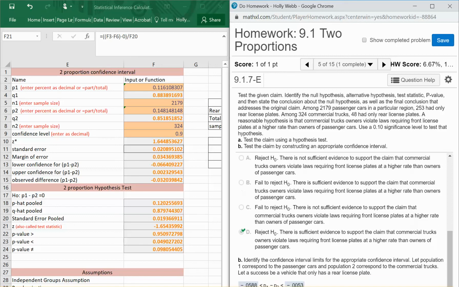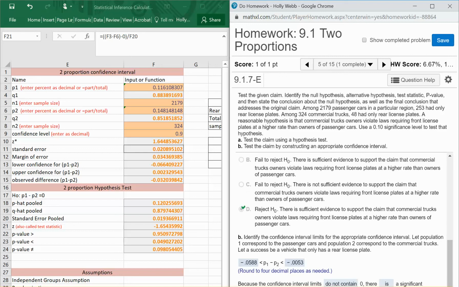All right. Now it's going to ask us for a confidence interval. And since this is a left-tailed test, in order to arrive at this confidence interval, we're going to have to double our significance level from 0.1 to 0.2. And so our confidence level is going to become 1 minus 2 times 0.1, or 0.8.